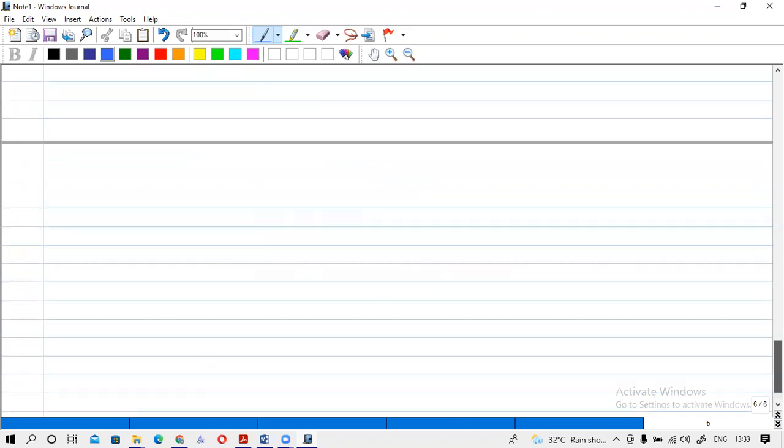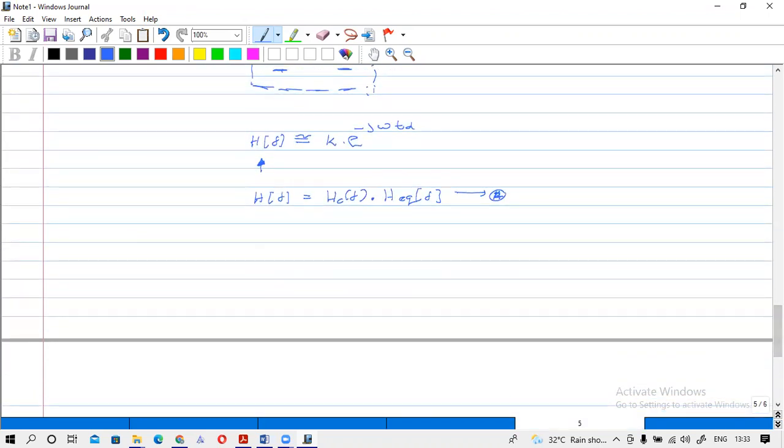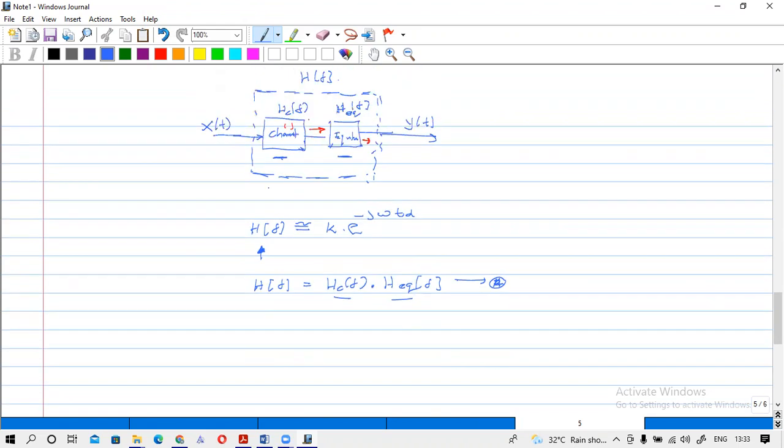So we can see that the total transfer function generated through the channel and equalizer can be expressed as a product of the channel transfer function and the equalizer transfer function, because these two systems are cascaded.